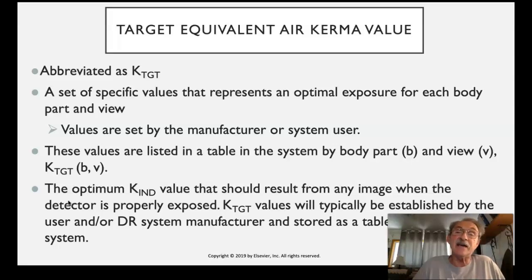The K indicated is how much we give it. And so then the exposure index takes a look at our exposure in relationship to what it expected, and that's how it reads out whether our exposure index is too much, too little, or within tolerance.